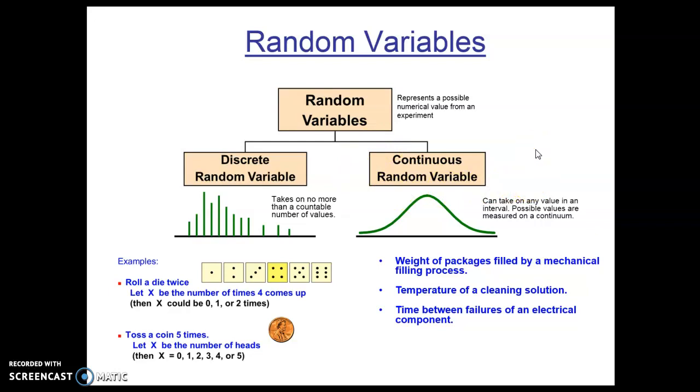We'll do that in the next section, and the normal distribution in particular. But in this section, we're focused on discrete random variables. So anytime we're dealing with something that is countable, 0, 1, 2, 3, 4, and we want to understand the probability of those countable events occurring, we would use the tools of discrete random variables.